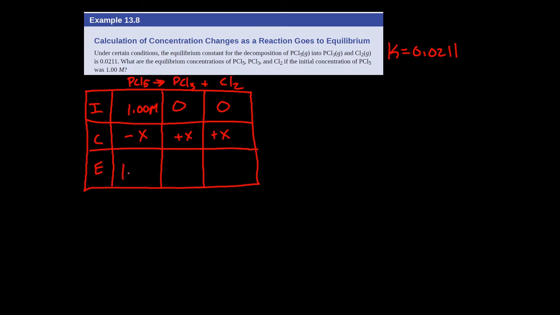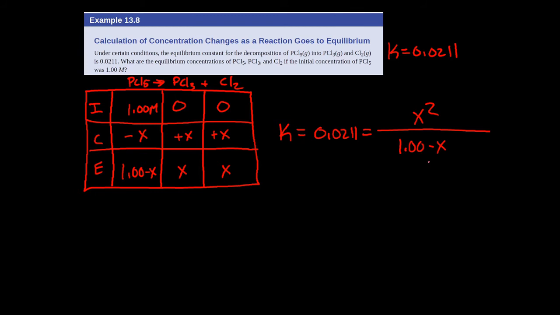So that means we're going to have 1 minus x, x, and x as our equilibrium concentrations. So if we go ahead and plug all of those in, K is equal to products over reactants. Products are x squared. 1 minus x is the denominator there.